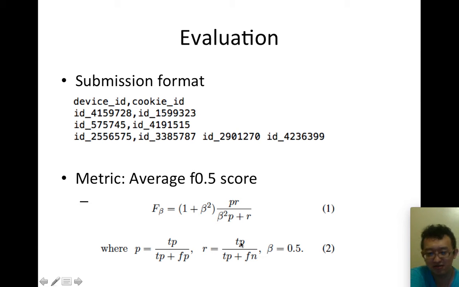Recall is defined as true positives divided by true positives plus false negatives. If we have precision and recall, and this beta parameter, which here is set to 0.5, for each device we can calculate this F0.5 score, and we average this score over all the devices. So we get the final score, the average F0.5 score.